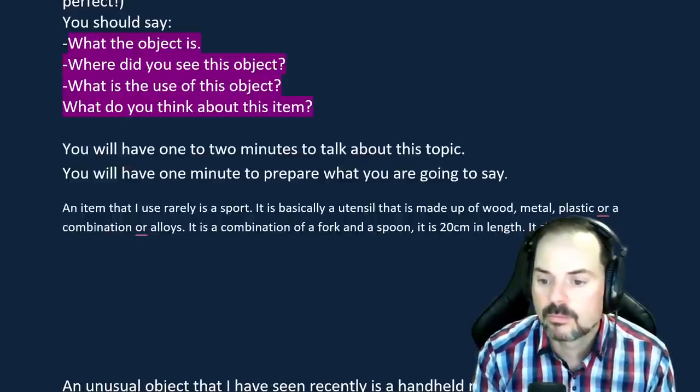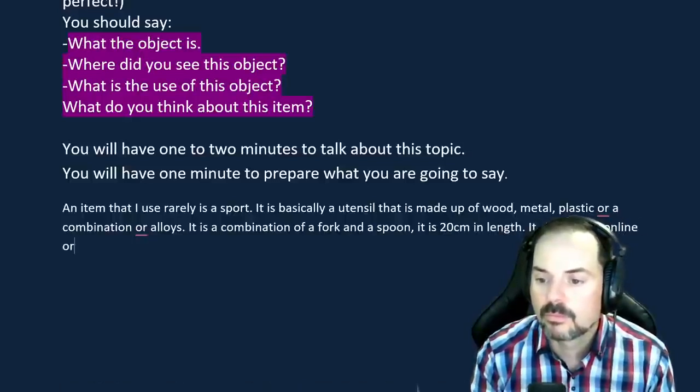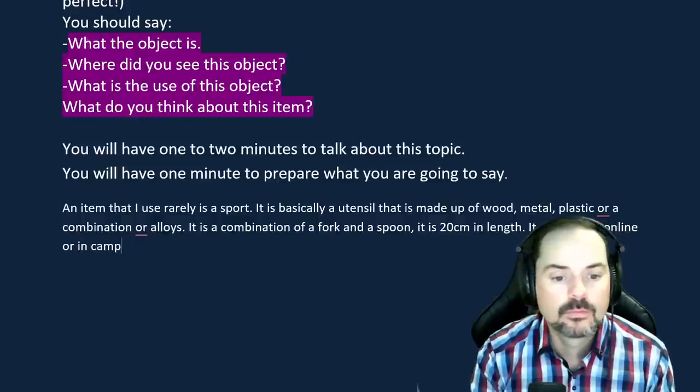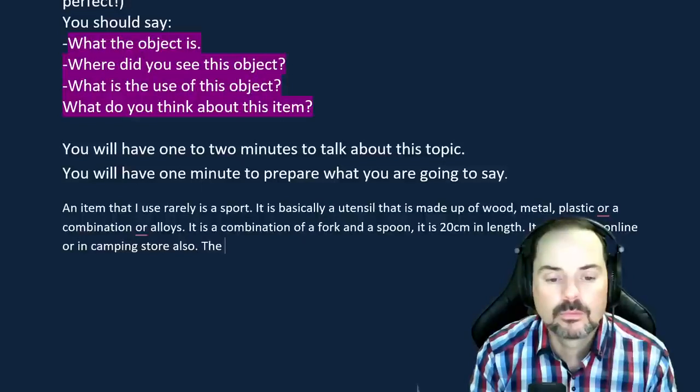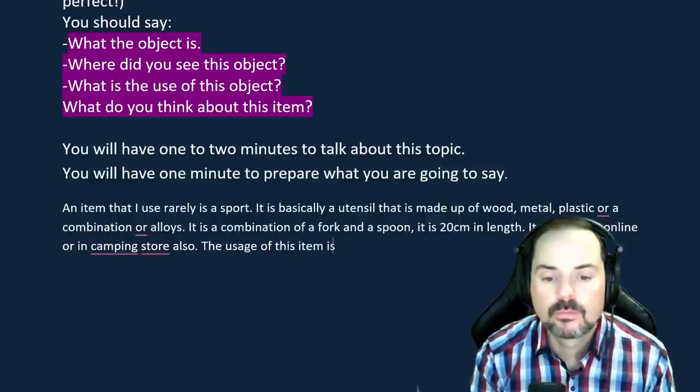The usages of this item is pretty good because people can not only eat noodles with this item but also the pudding.